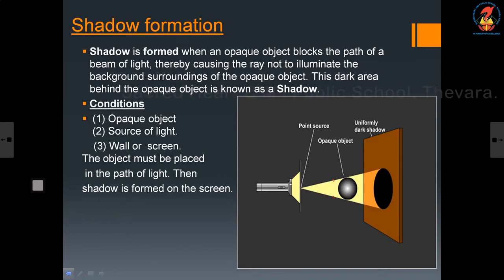Okay. So three things are necessary for the formation of shadow. First one, opaque object.